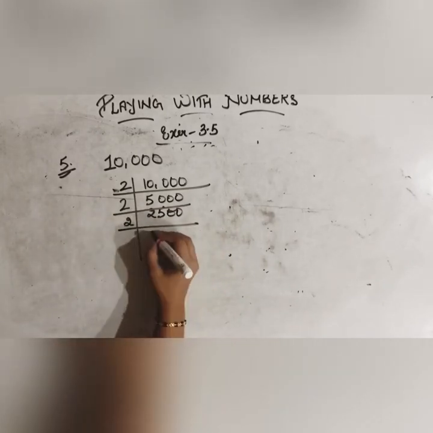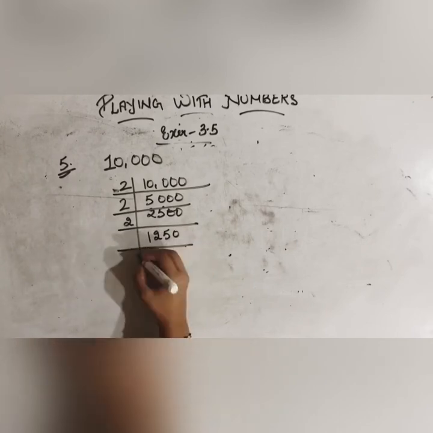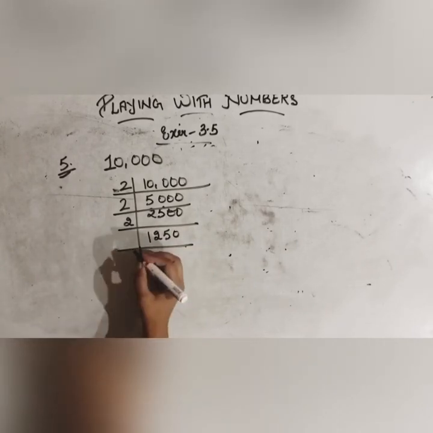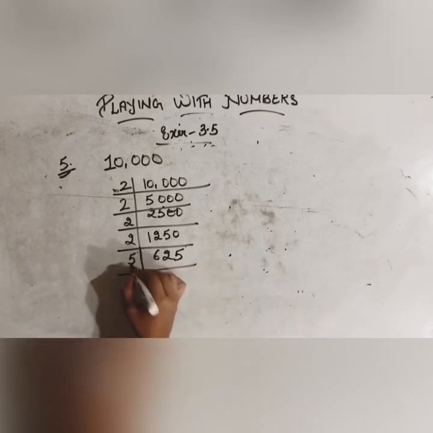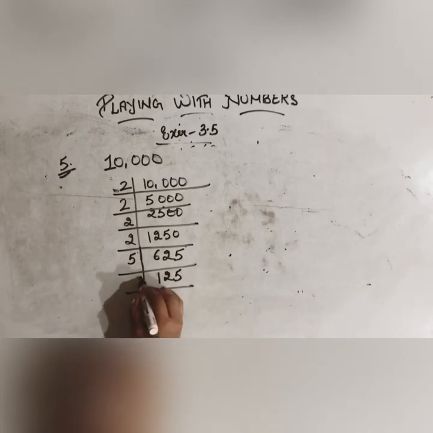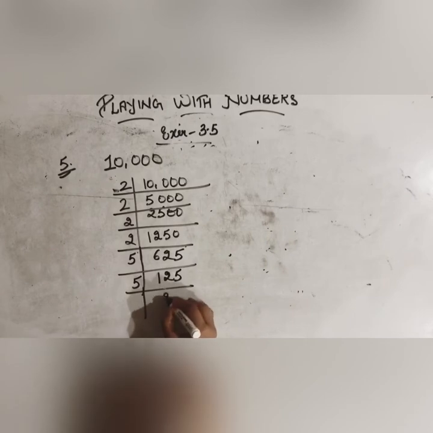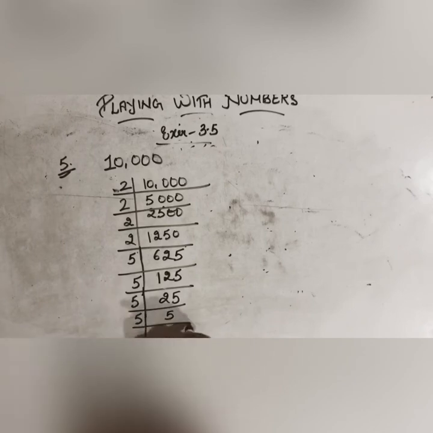Again 2. 1,250. 2, 625, then 5, 125, 5, 25, 5 and the last one is 5.